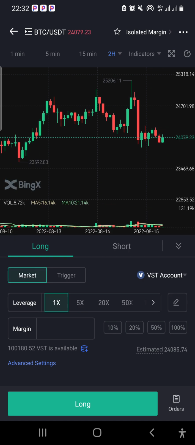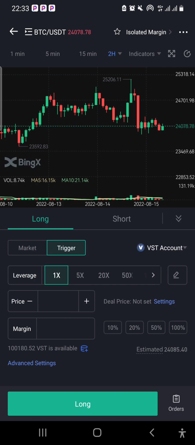For the market there is no input where you put your price. It's just at the current market price. For instance, if I click on this now, it's going to buy it for me at 24,078.